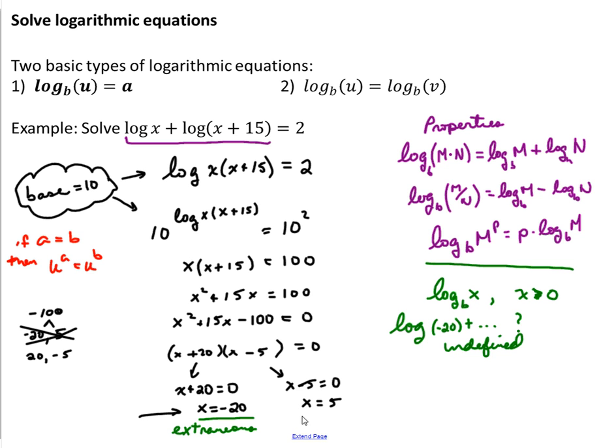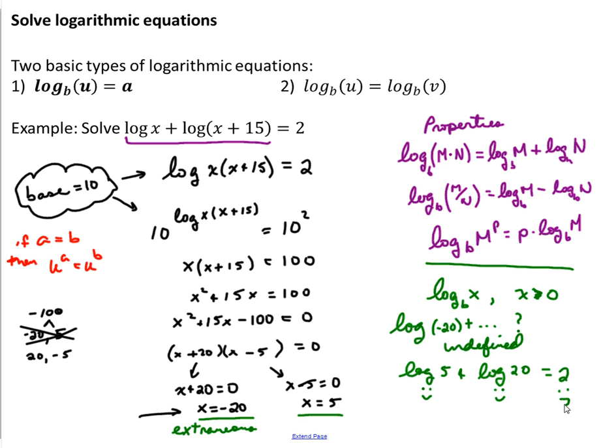But let's take a look at x equals 5. Does that one work? Well, it looks as though I can take the logarithm of 5. That's good. And I can take the logarithm of 5 plus 15. That's 20. That's good. And presumably we would get 2 if we added those two things together.